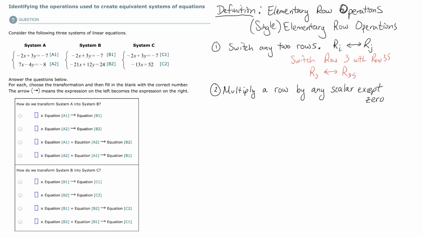We can multiply a row by any scalar except 0. And the way I would symbolize this is by a times R sub i. For instance, if I need to scale row 5 by 6, I could write 6 times row 5. So that's an example of how to write such a notation.